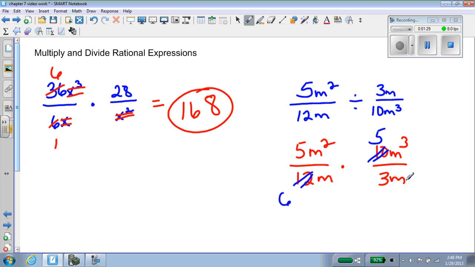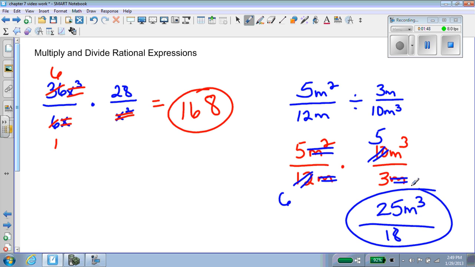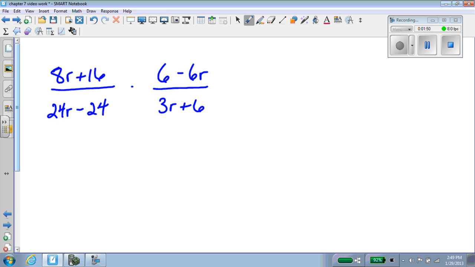I've got m times m squared on the bottom, so it will cancel my m squared in the numerator. So my numerator is now 5 times 5, 25 m cubed over 6 times 3, 18. So that's how it plays with monomials.